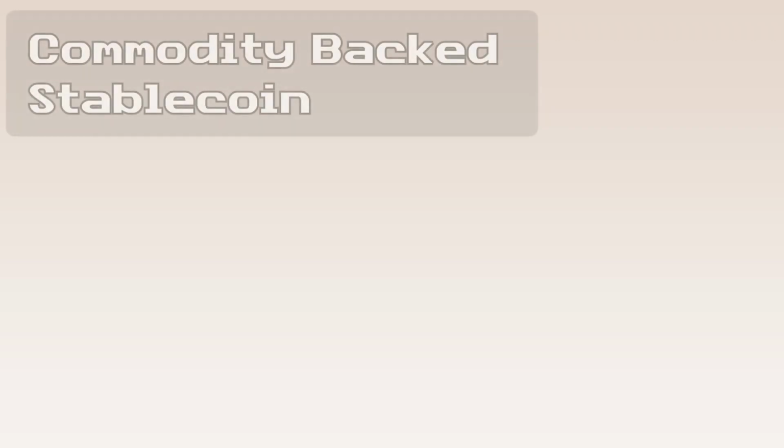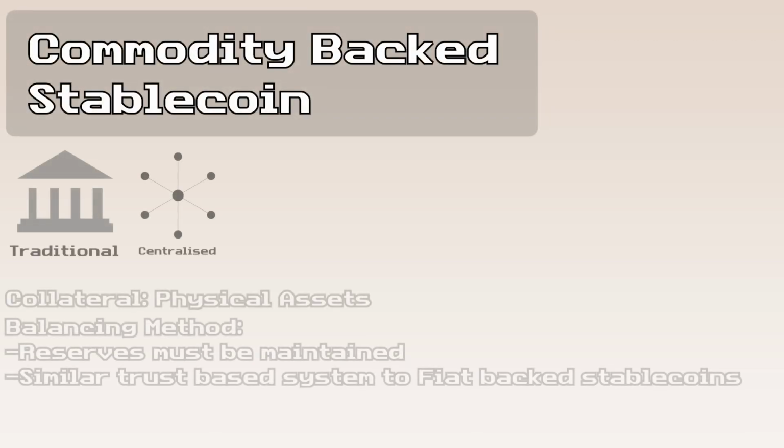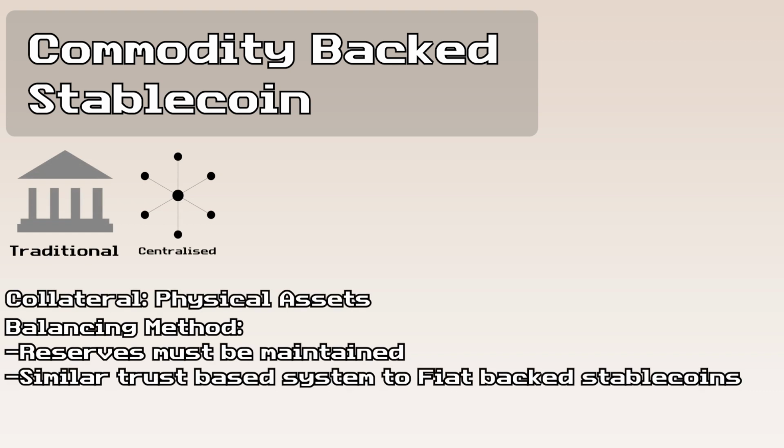Okay, so the fourth kind of stablecoin we're going to talk about is one which is not so common, one that you might not have come across yet: a commodity-backed stablecoin. These are backed in a similar way to the fiat-backed stablecoins, but they are backed one-to-one with a commodity such as gold or silver or oil.